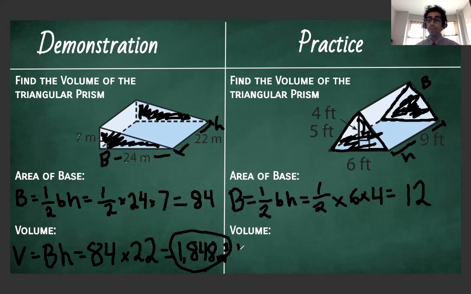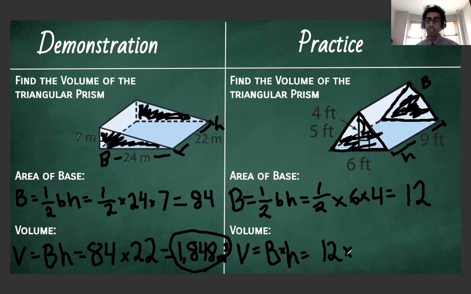Now we can solve for the volume of this triangular prism. The volume of the triangular prism is just going to be the area of its base times its height. Okay. In this case, we found the area of the base to be 12.